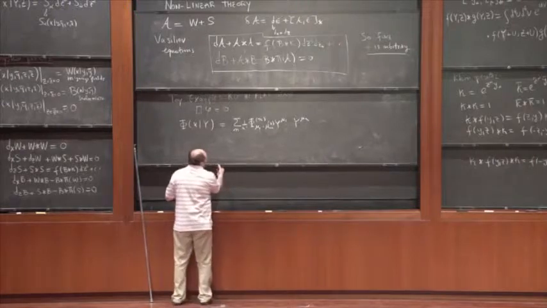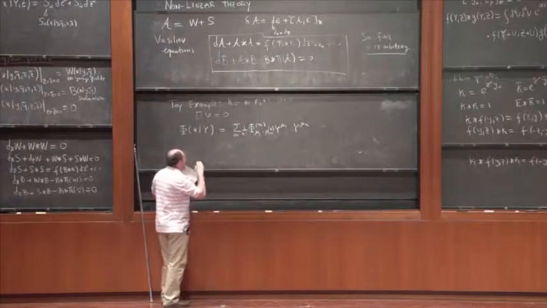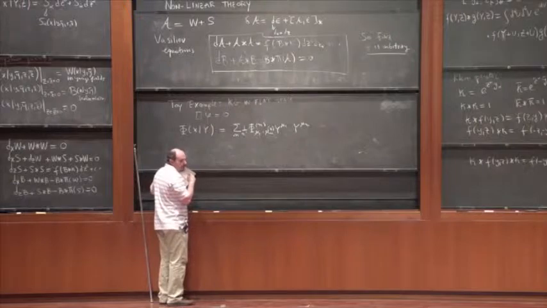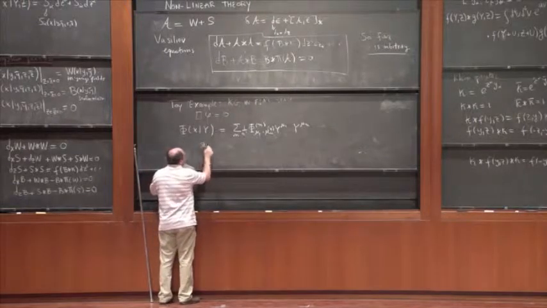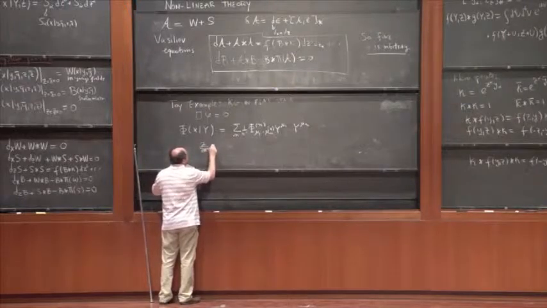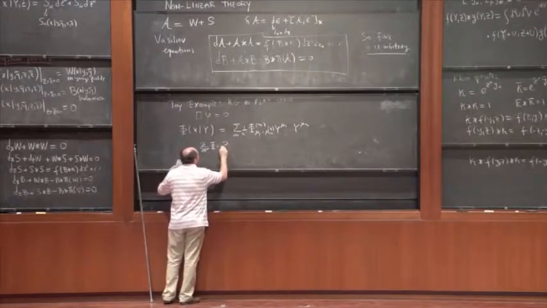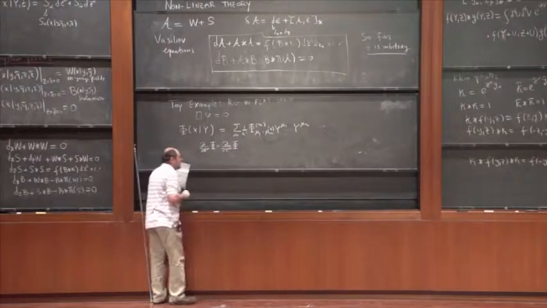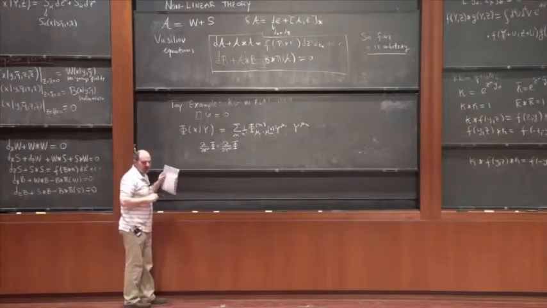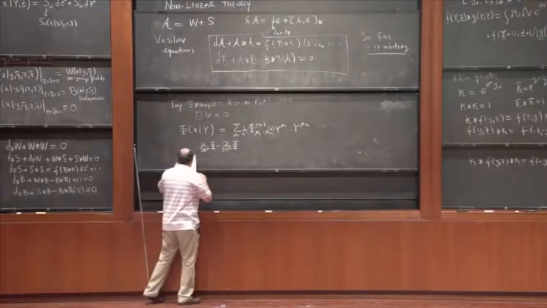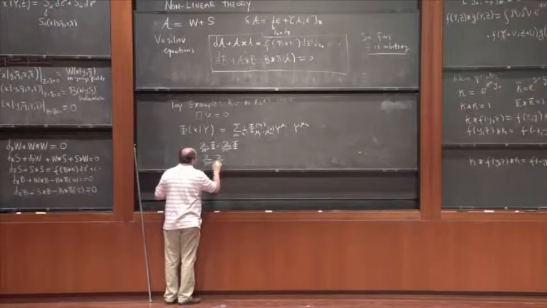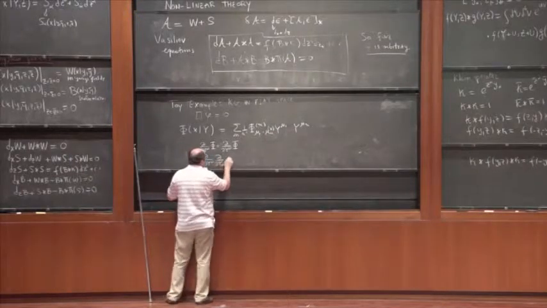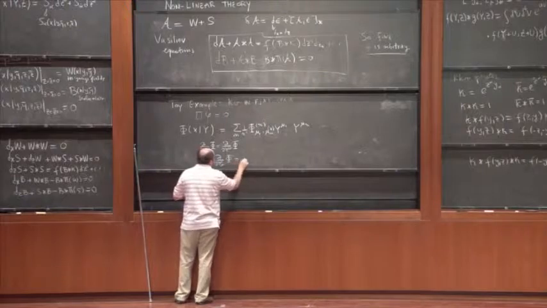And then I claim, it's a very simple claim, that the Klein-Gordon equations are equivalent to the following system. There is one dynamical equation which has one derivative with respect to x, and one constraint equation which doesn't have x derivatives, which is this.